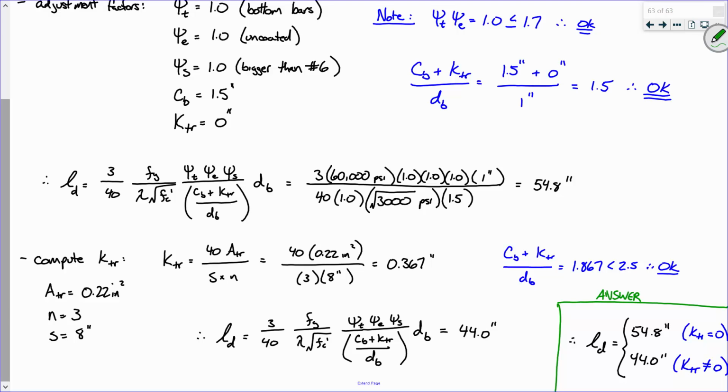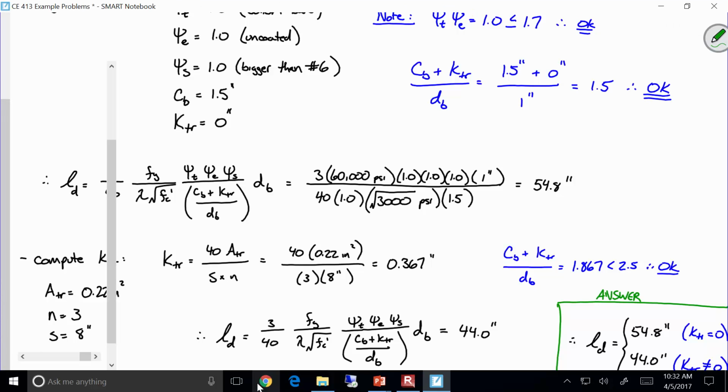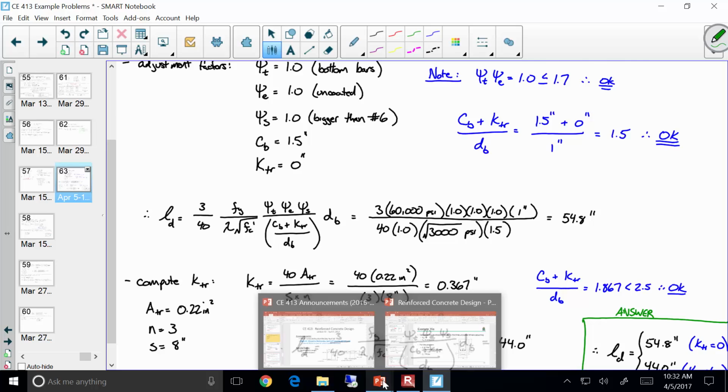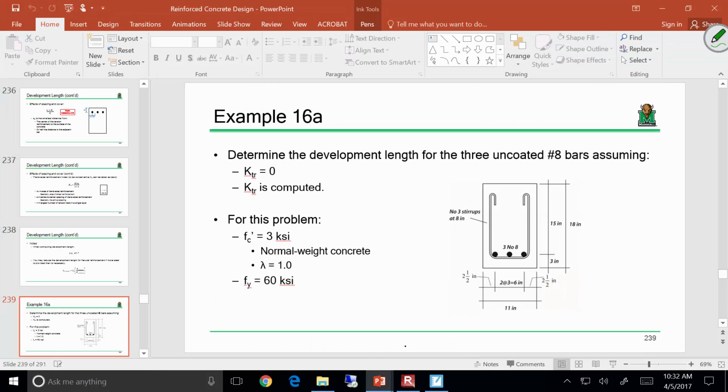If you've got this beam and you are expecting that it can reach its full capacity right here at this section, well then you need to make sure that those pieces of bars, like these 3 number 8s, are embedded into whatever concrete they're adjacent to, a total distance of 44 inches. So that's your development length.